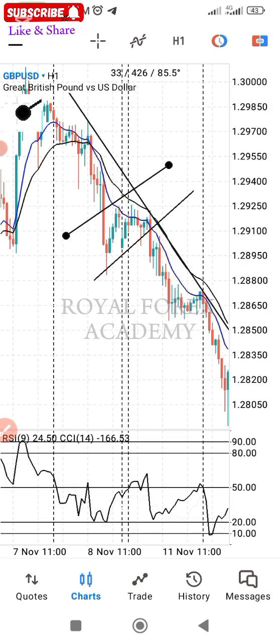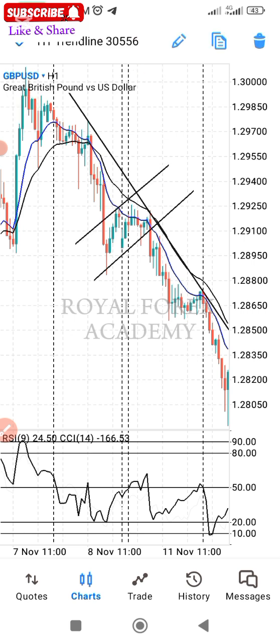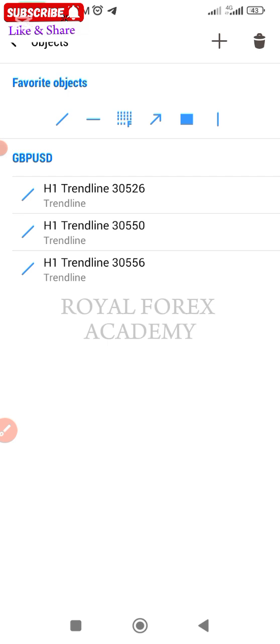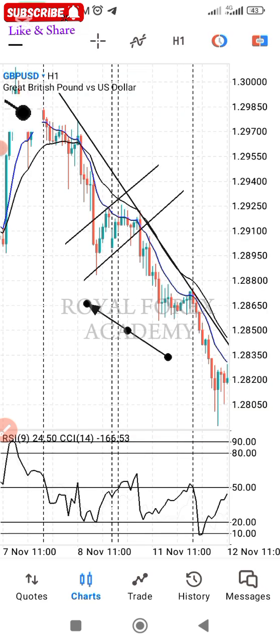So in this scenario, this is a bearish flag pattern. So you can see how price makes a minor retracement as a flag. When it gets to the trend line and the moving average, it breaks out with a bearish candlestick pattern, which is this. So you will now sell from here and your stop loss is above.